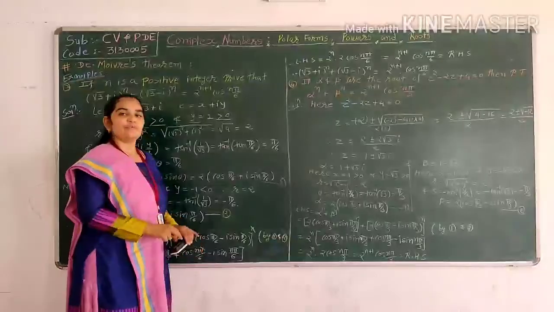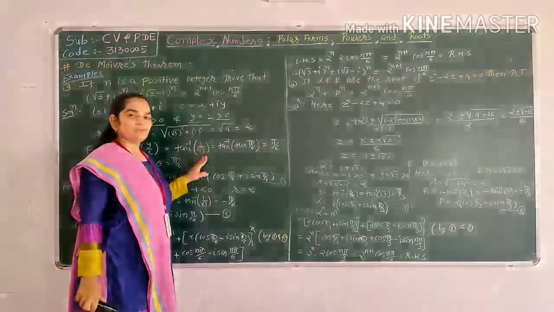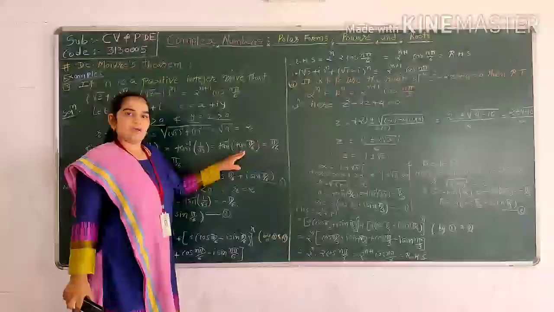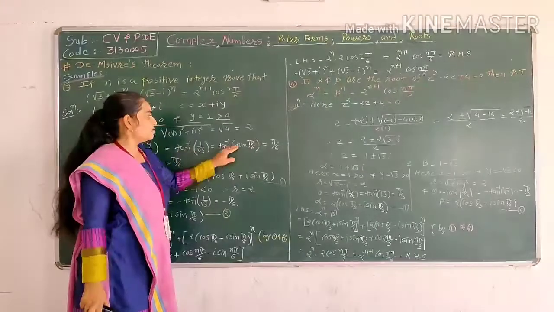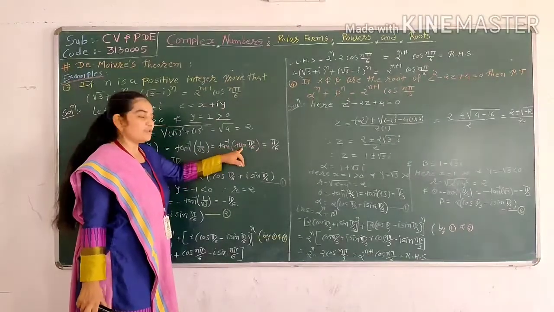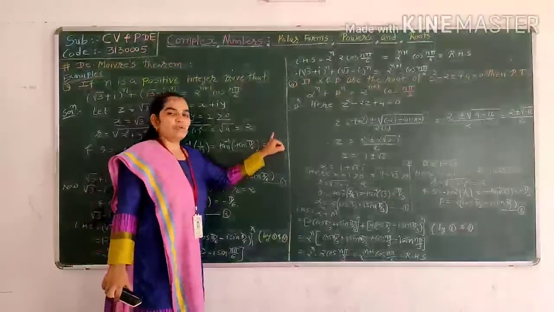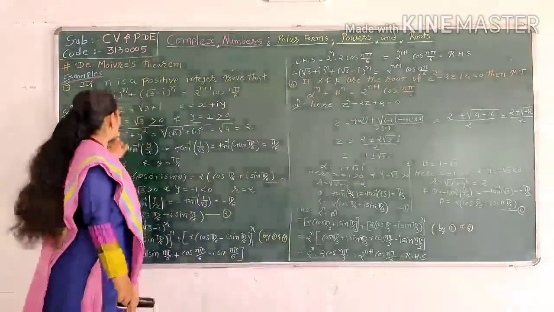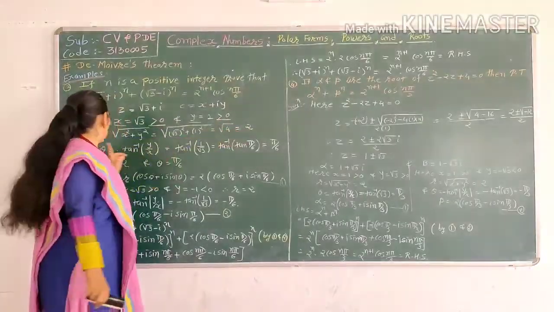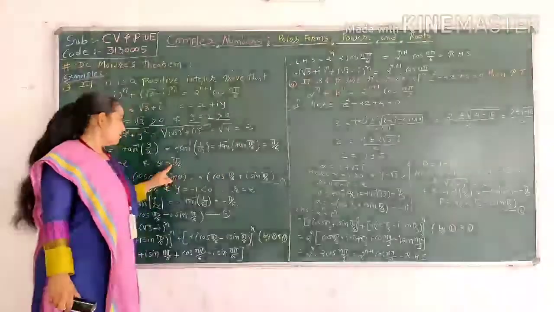Now which value of tan is 1 upon root 3? Tan pi by 6. Therefore tan inverse tan pi by 6, now tan inverse and tan cancel, therefore only pi by 6. Therefore r is equal to 2 and theta is equal to pi by 6.